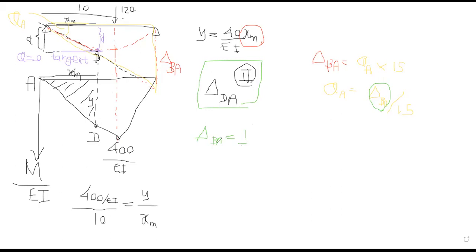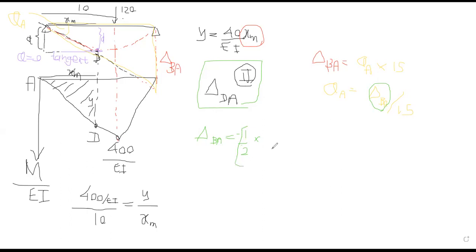So from where do I need to take the moment? Sorry, the moment from B, right? So it's half. This moment area is negative, right? This is sagging, so you need to multiply everything by -1.